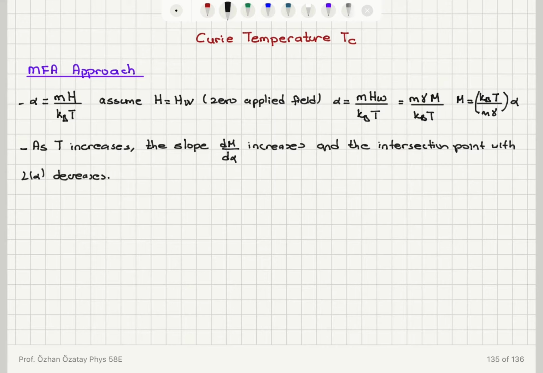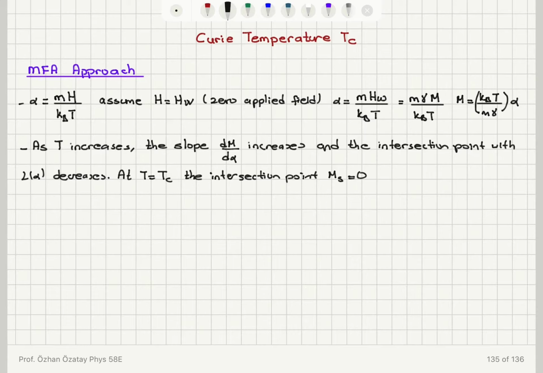And when the temperature is equal to the Curie temperature, T is equal to Tc, the intersection point between these two is Ms equal to 0.